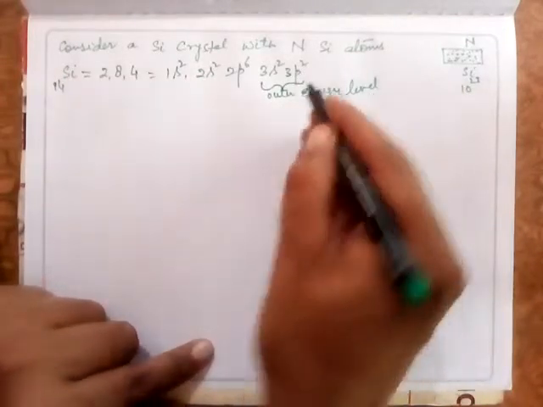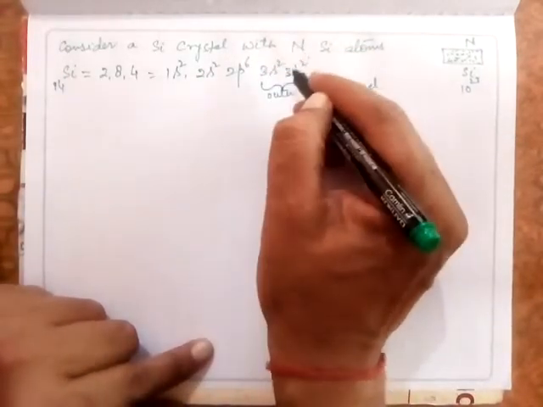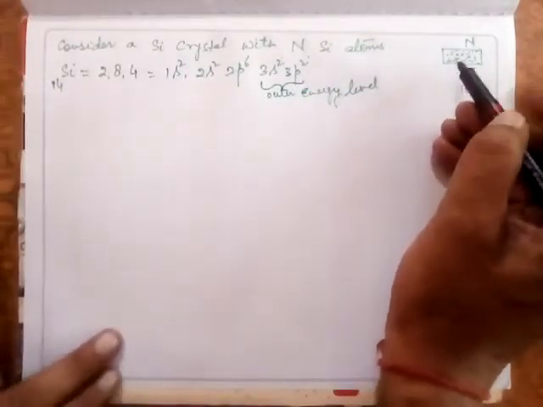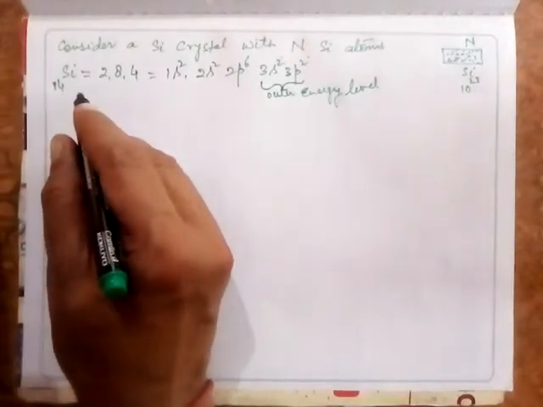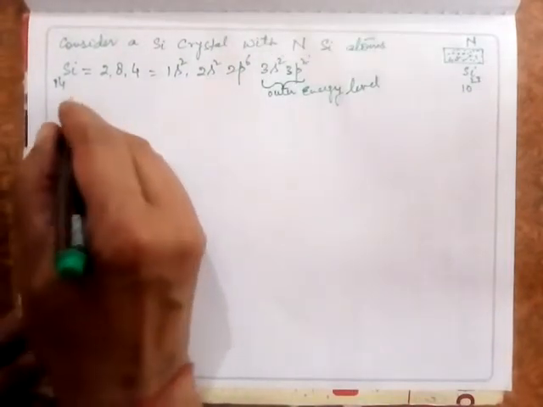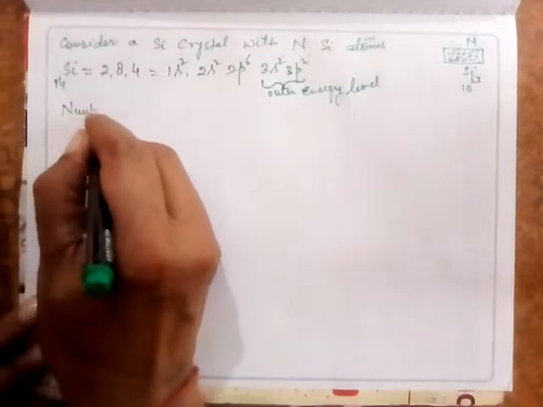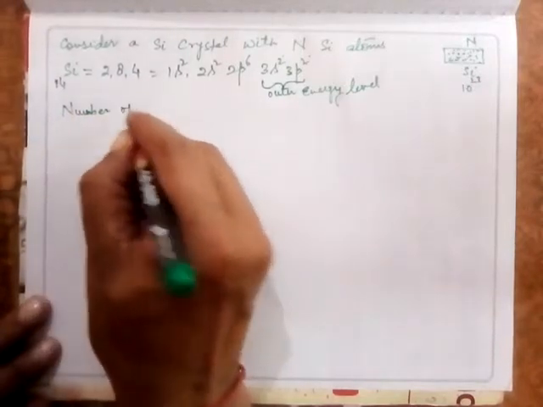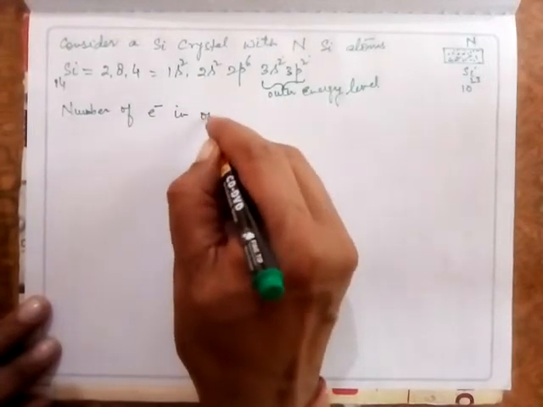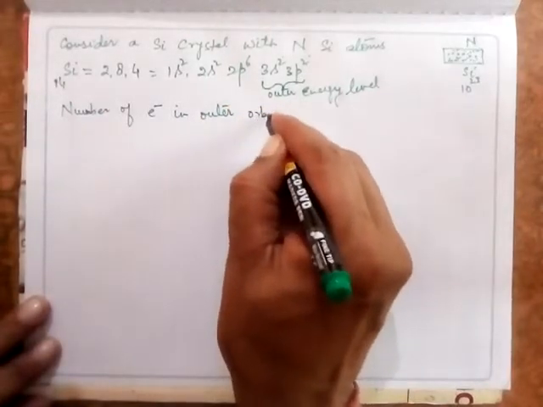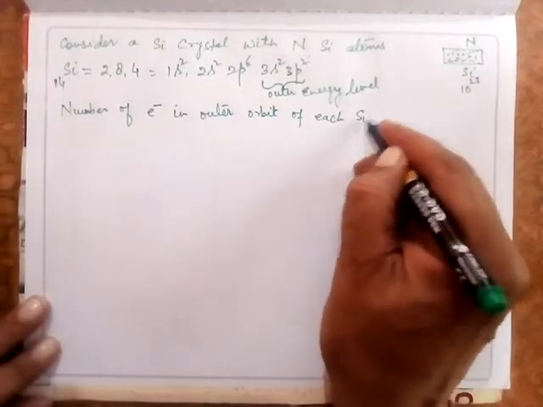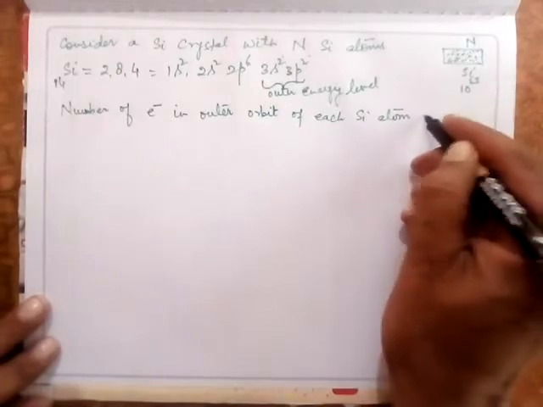Now how many electrons are there? If you see, there are 4 electrons in the outermost shell. Since the number of atoms is n, let's take the first one. The number of electrons in the outer orbit or outer shell of each silicon atom is 4.